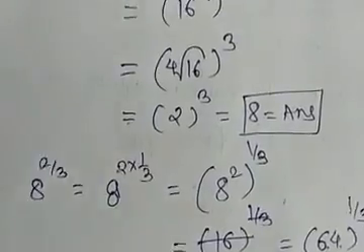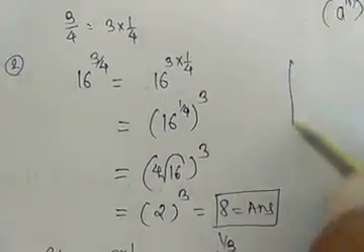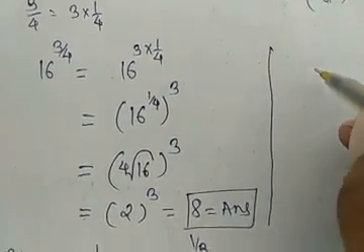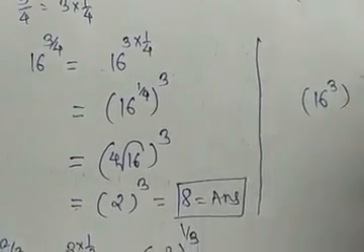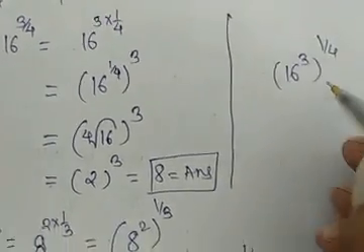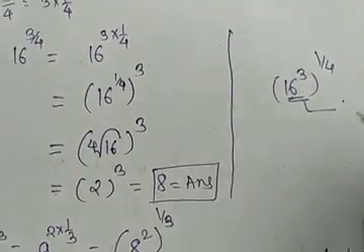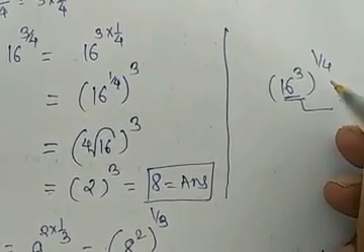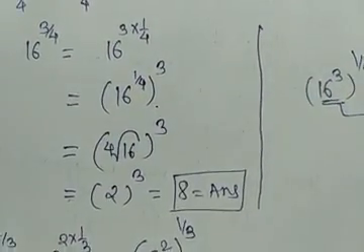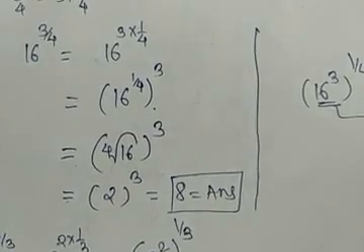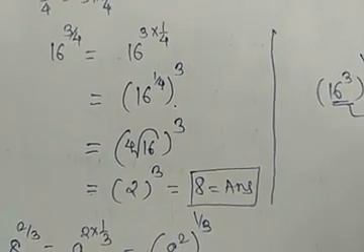In this method, if we do an example like 16, in this step we get 16 cube raised to 1 by 4. Now this is a very lengthy calculation. We can find it, but it will take more time than the other process. Okay, so we have to choose first which method is the time saver.